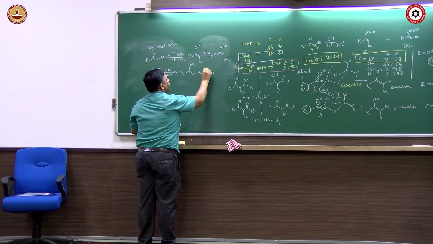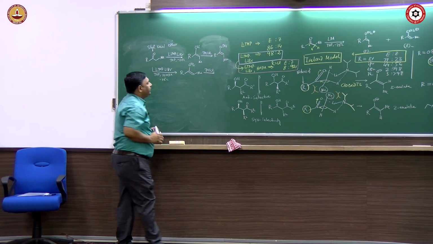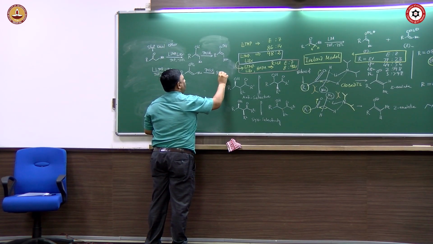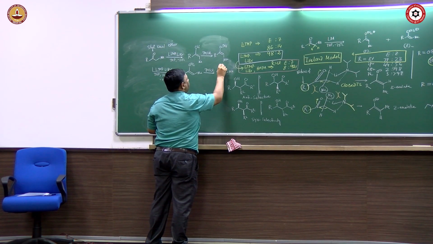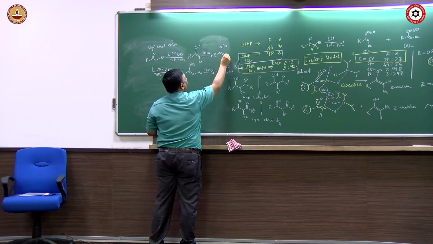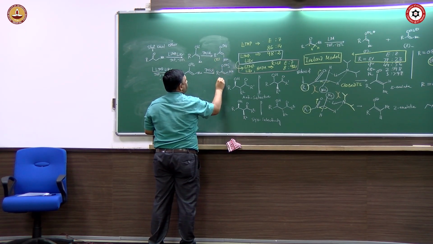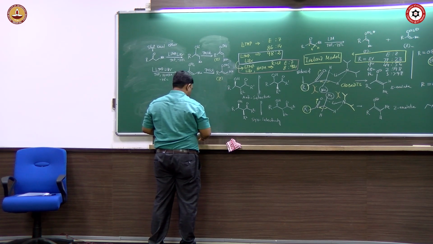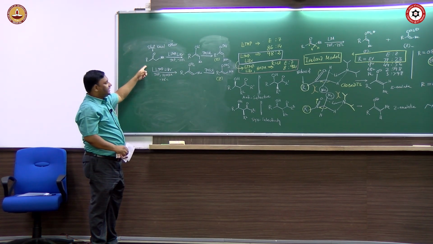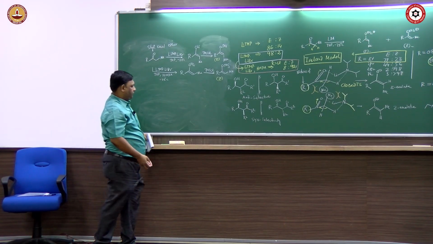When we quench this intermediate with TMS chloride, we can get the OTMS. So this is my E compound, and this is my Z compound. We will see how this kind of silyl ether is also going to be affected.